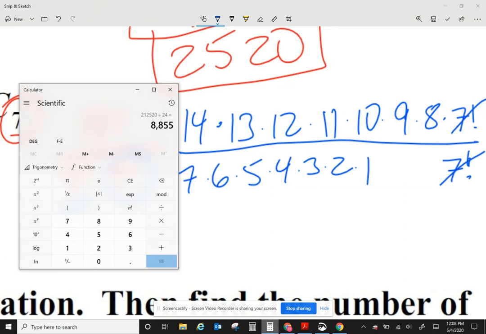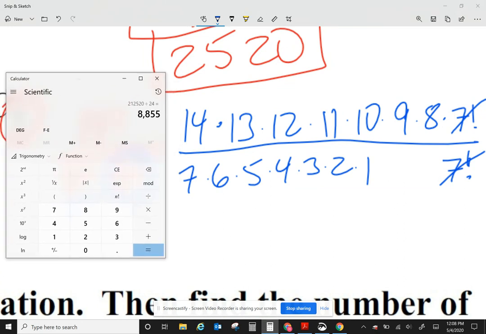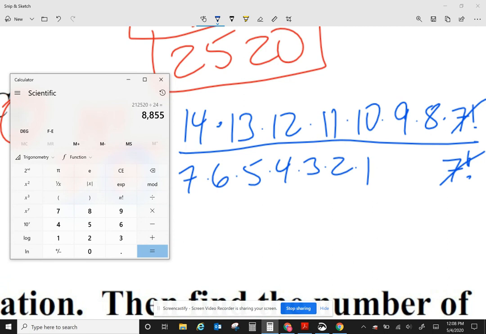All right, so what do I have on the top? After I simplify, I cancel out the 7 factorials. I have 14 times 13 times 12 times 11 times 10 times 9 times 8.